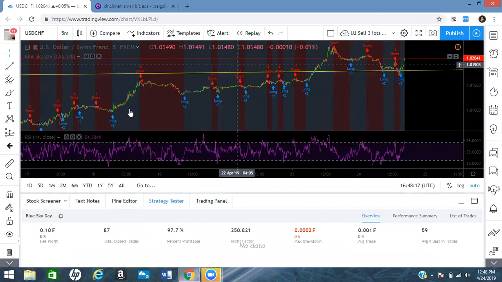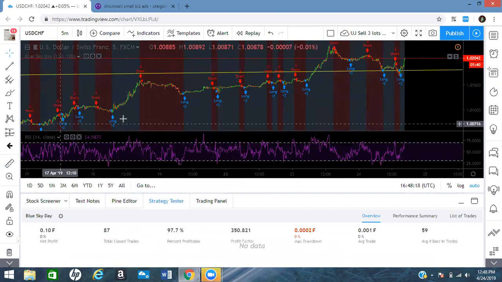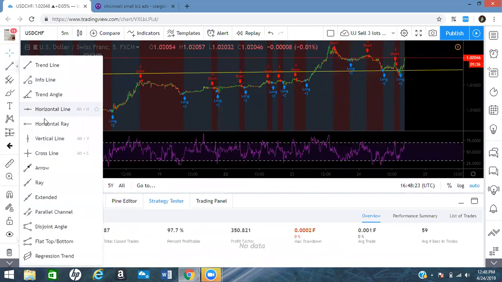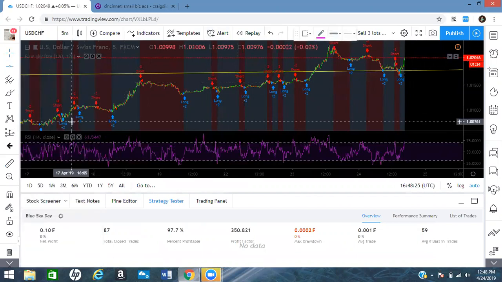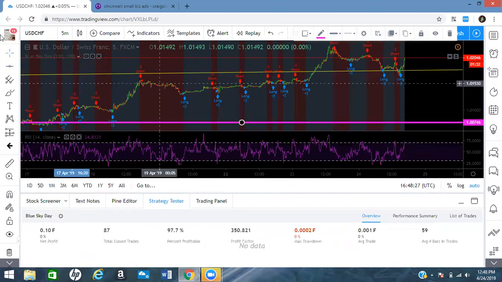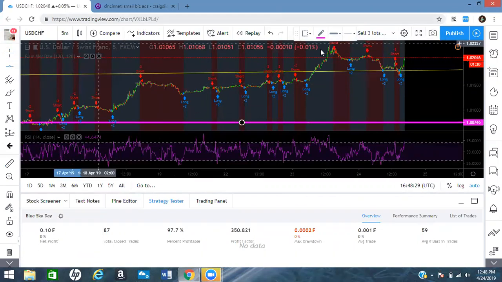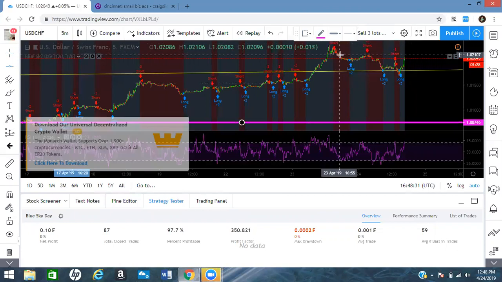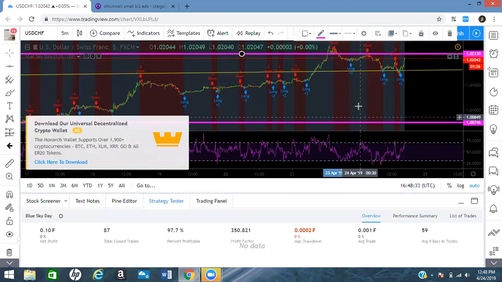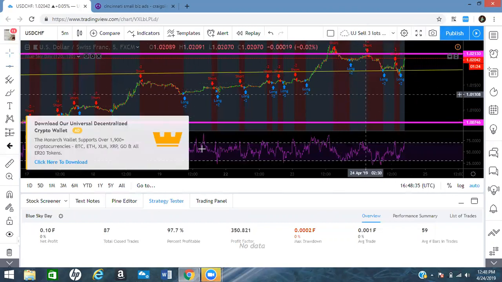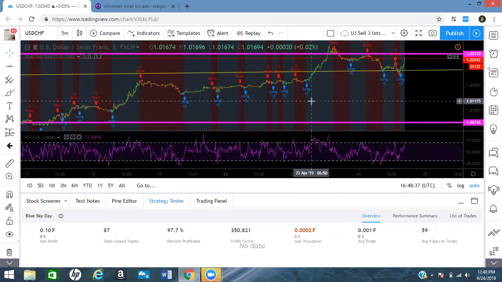So what I'm really looking for is down here, a level of support, and up here, a level of resistance. Those are just some zones. I could have used a rectangle as well, but I think you catch the drift, the top and the bottom. Ideally, I don't want to trade in this middle range.